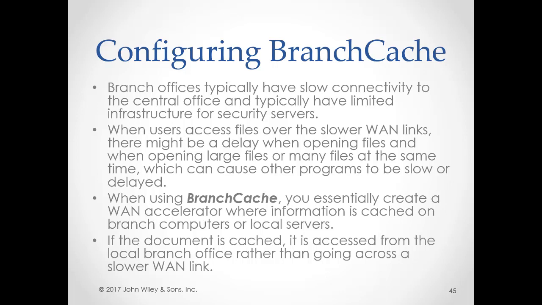So we're creating a local storage where the information from that home office, that central office, that headquarters is going to get cached on a local computer. So if the document's cached, it's accessed from the local branch office rather than going across that slower WAN link. Makes it much more efficient.